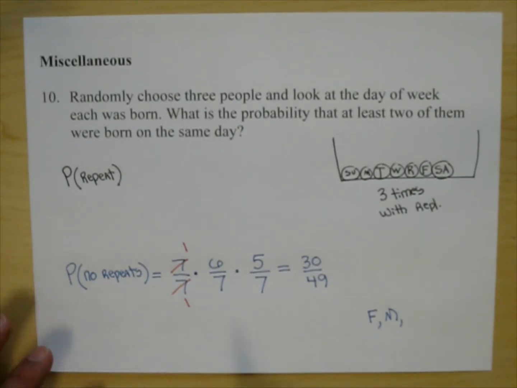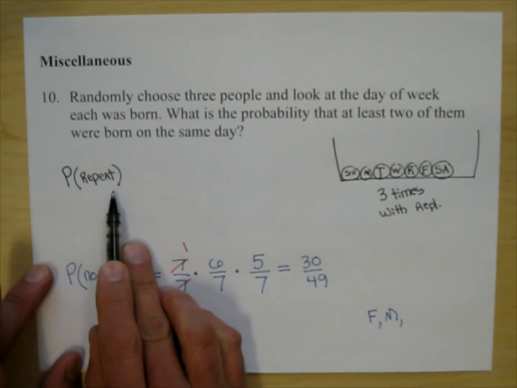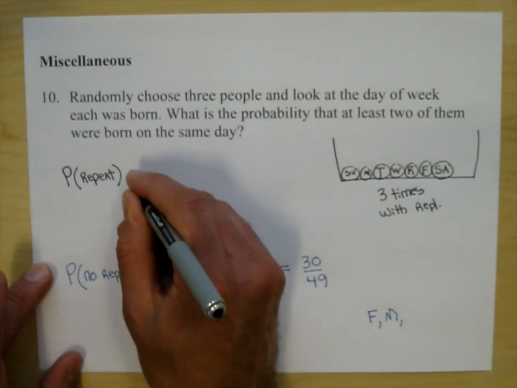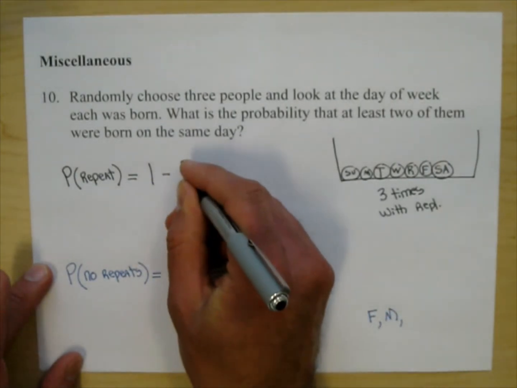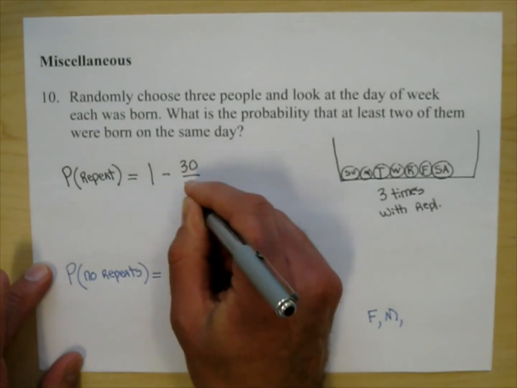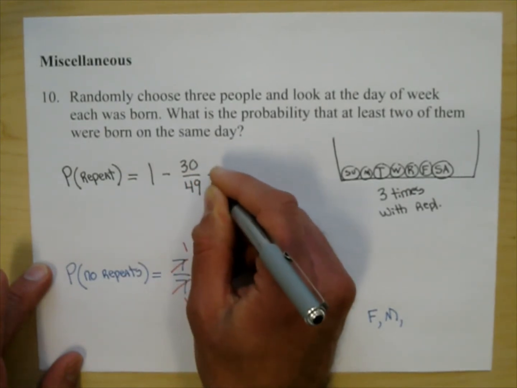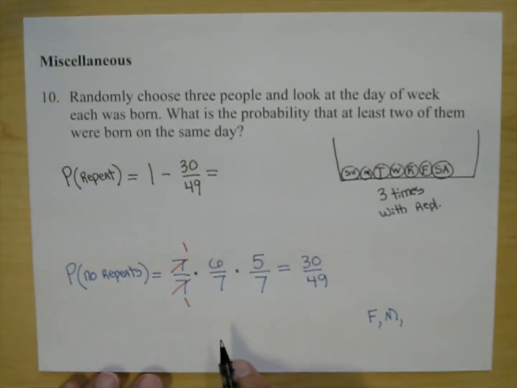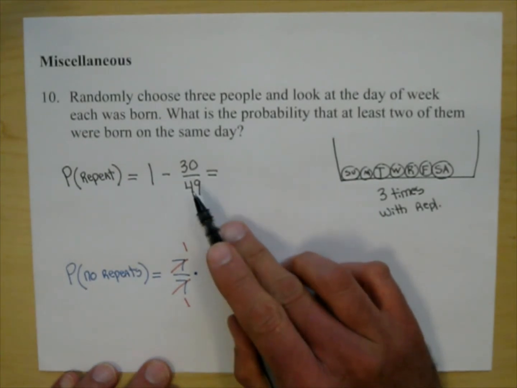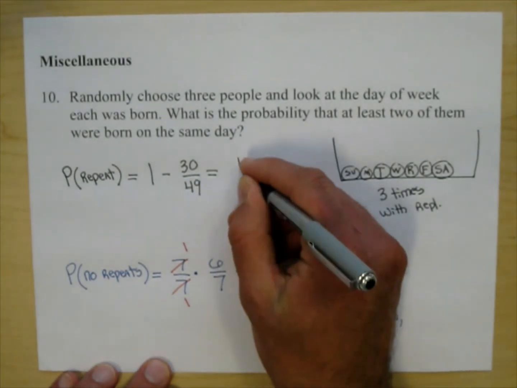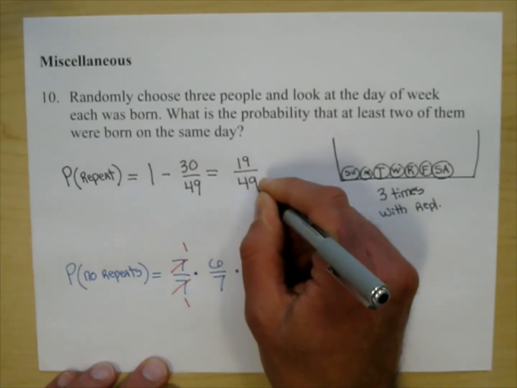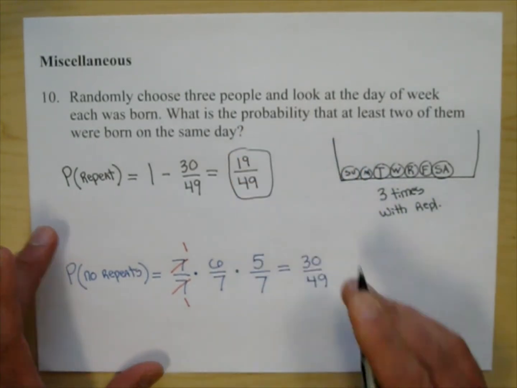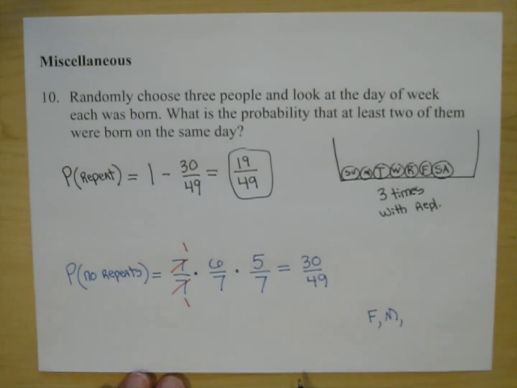The probability of getting a repeat is 1 minus this probability: 1 minus 30 over 49. So really all you have to do is go 49 minus 30, which is 19. 19 over 49, and that gives the answer.